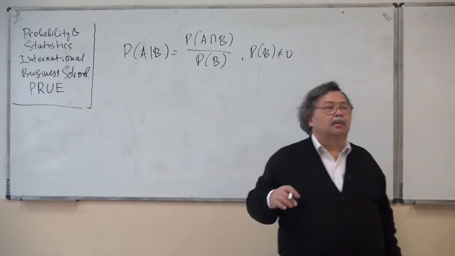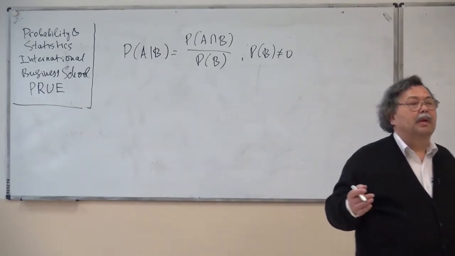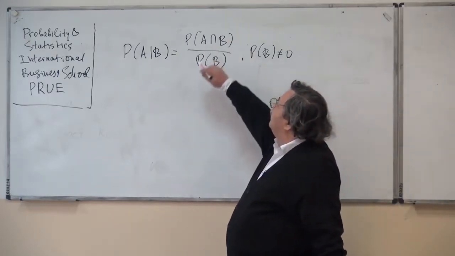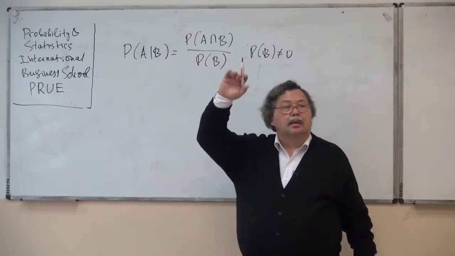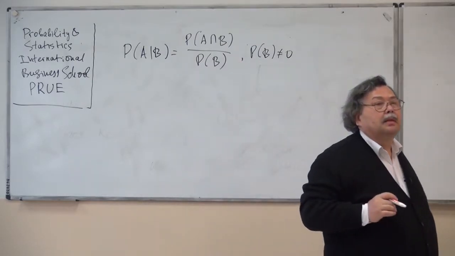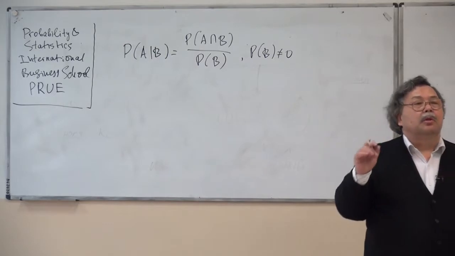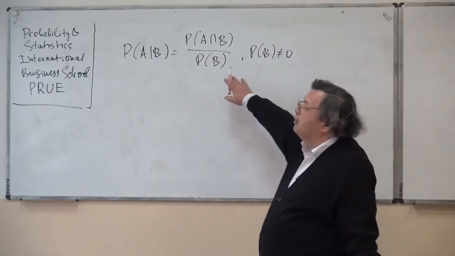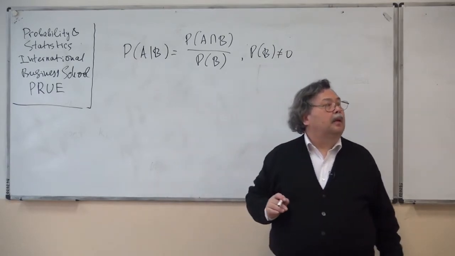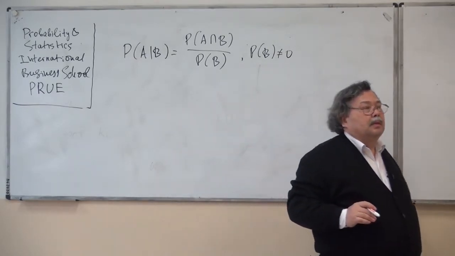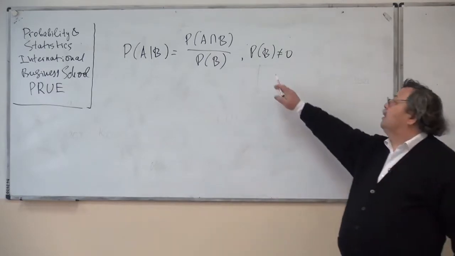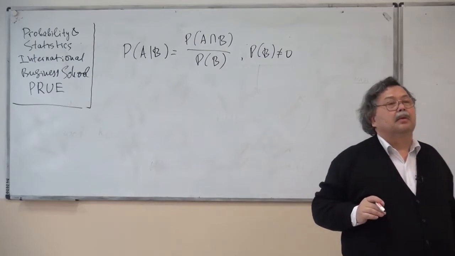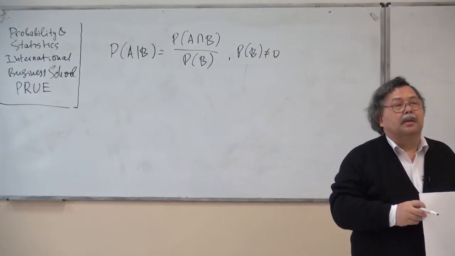And it works for any probabilities of any origin. All right. Now, the right-hand side here is a quotient. The numerator is the probability of the joint event, A intersect B, and the denominator is the probability of event B. And because we have this denominator here, we need to stipulate that probability of B should not be equal to 0.